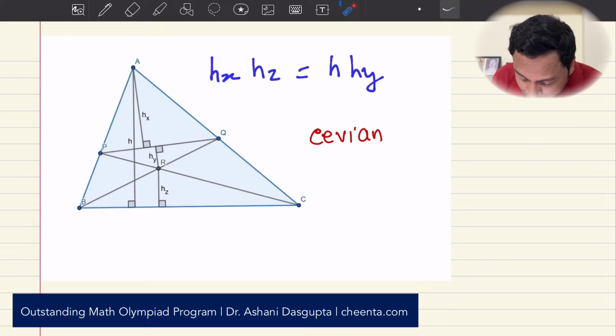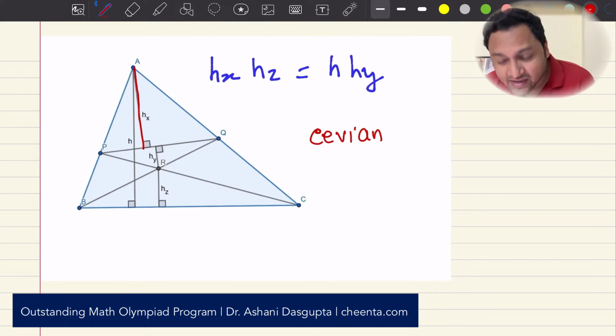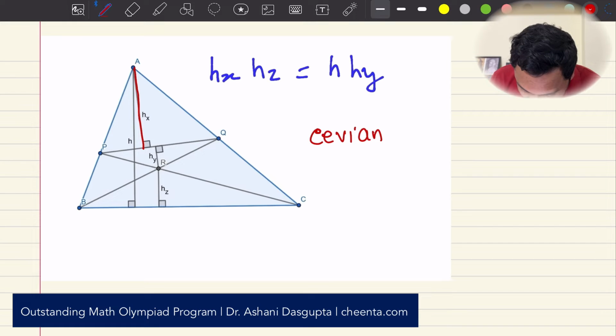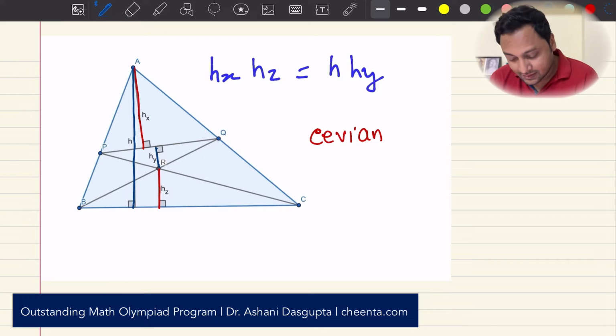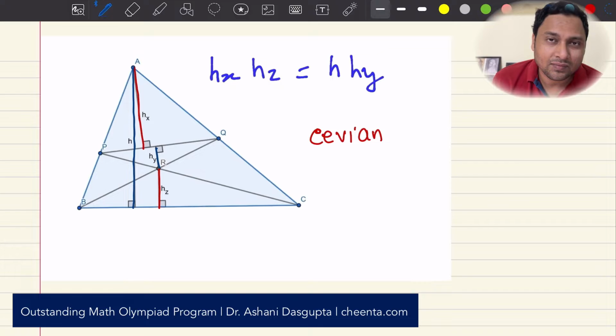And we want to prove that the product HX times HZ is equal to the product of H times HY. That's the problem. How do we go about it?